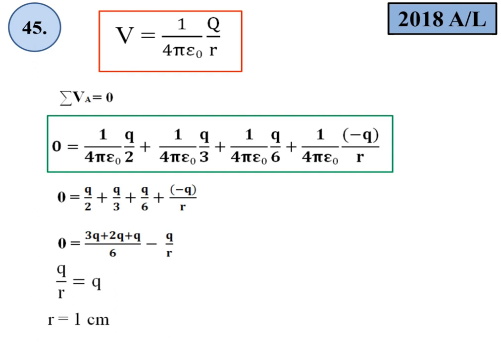The addition should be 0. If you simplify, you get R equals 1 centimeter. So this is the concept, and the correct answer is number 1.